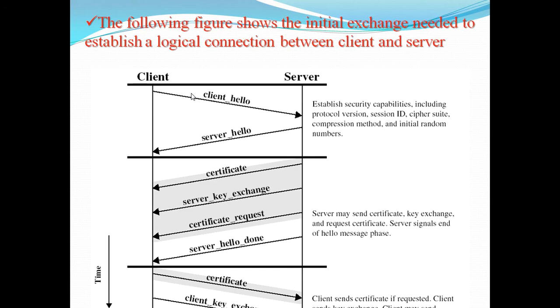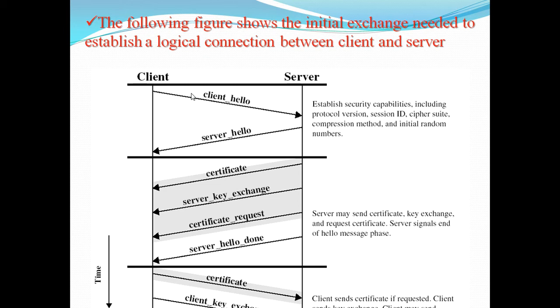Now, this is a client and server, a simple timing diagram showing how to exchange the messages to establish the logical connection. The client first sends client hello, to establish the security capabilities, including protocol version, session ID, cipher suite, compression methods, and initial random numbers.